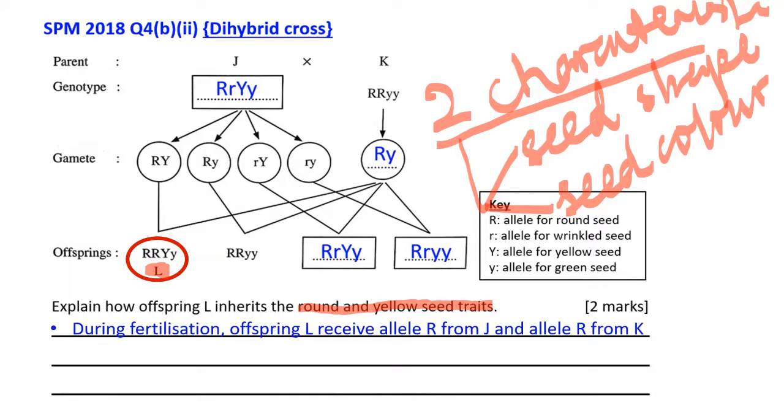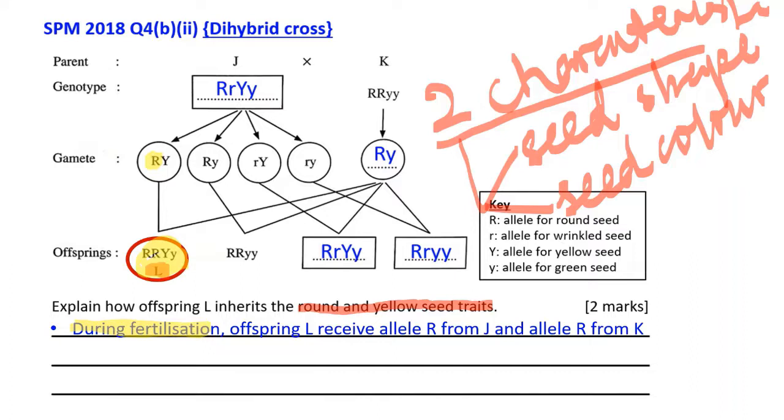So during fertilization, offspring L receives R. This R is for the characteristic of the shape of the seed.